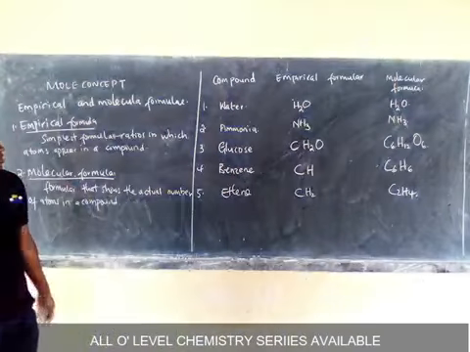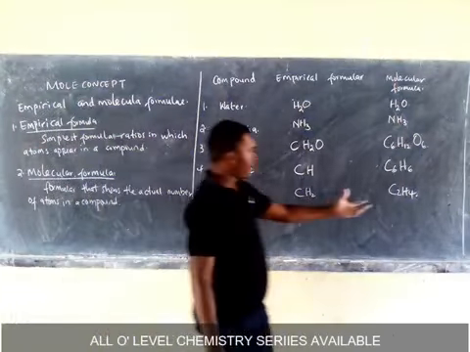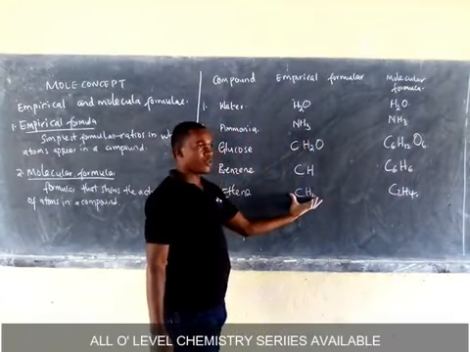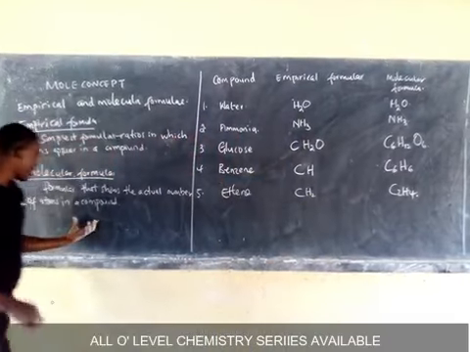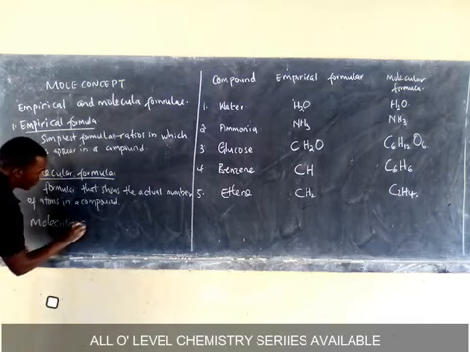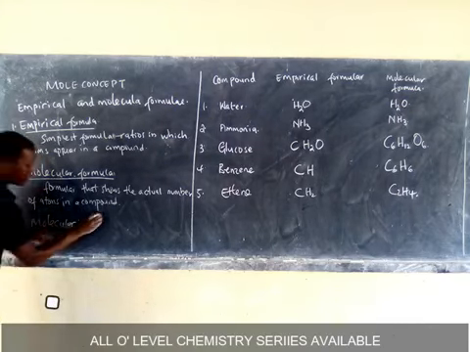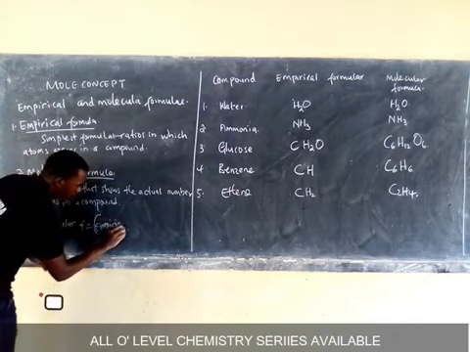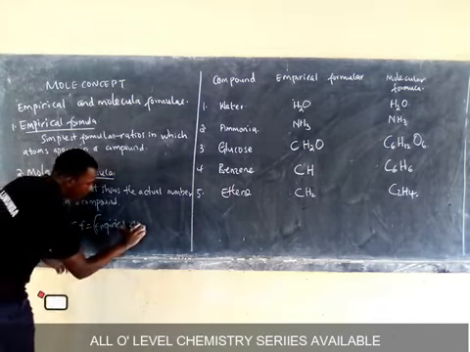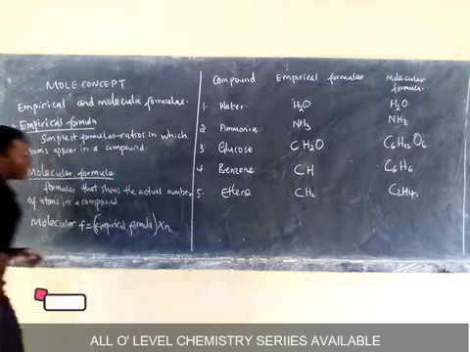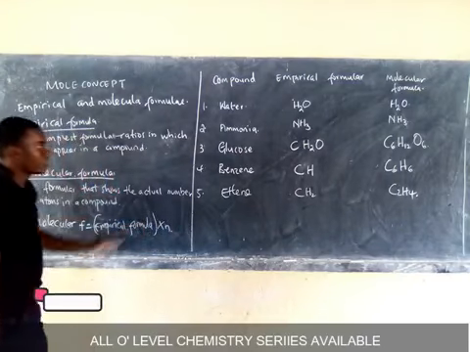Now, it shows that the molecular formula is simply got from the empirical formula. So to get the molecular formula is equal to the empirical formula, then times n, where n is to be determined.